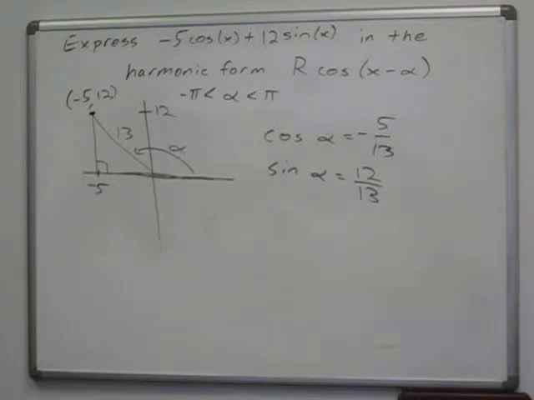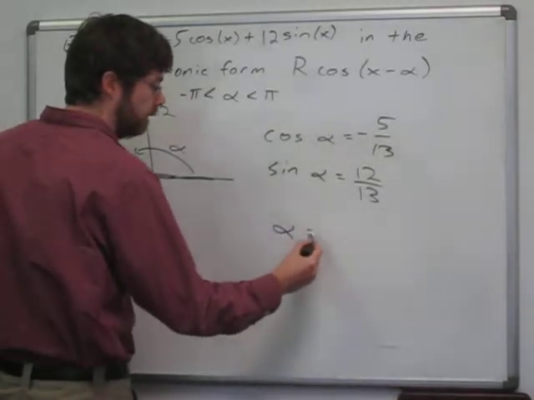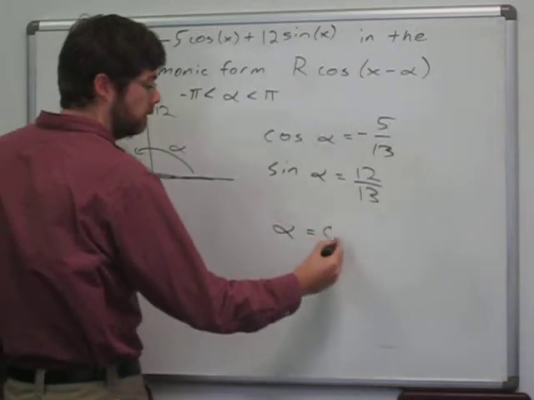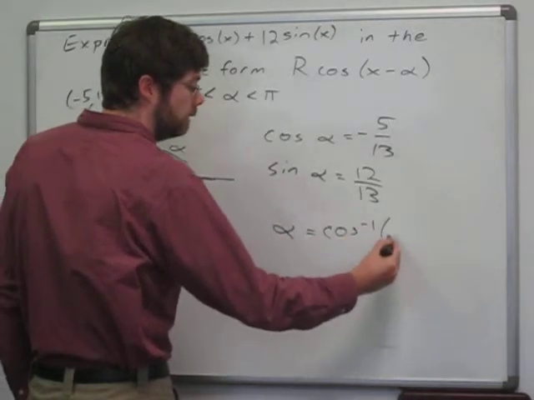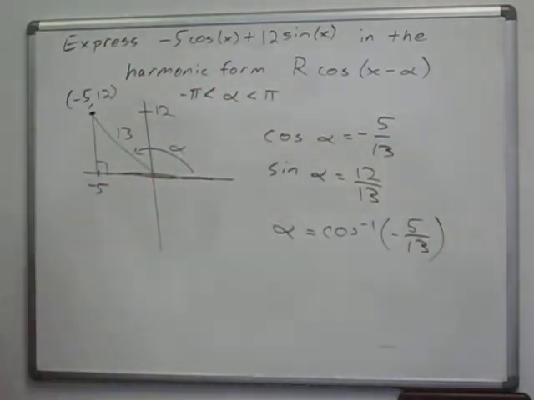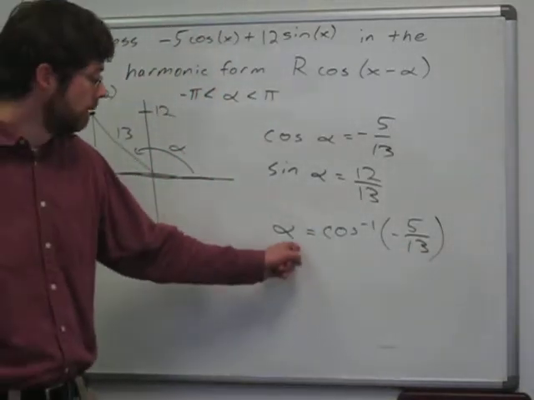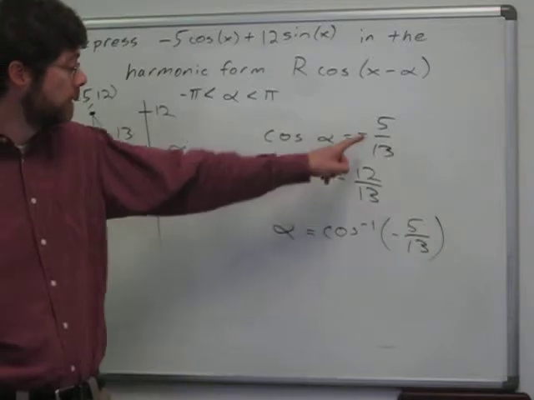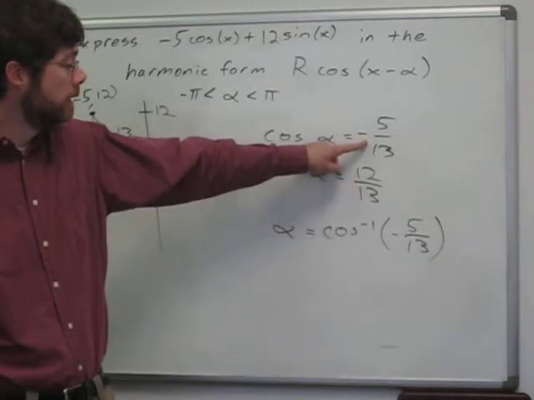And thinking about 0 to pi, cosine inverse is a function that kicks out rotations between 0 and pi. So for my alpha, I can choose cosine inverse of negative 5 over 13. When I do so, this is an angle whose cosine is negative 5 over 13, certainly.